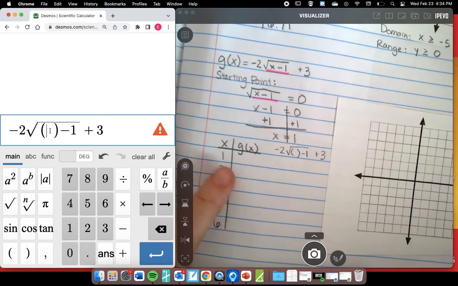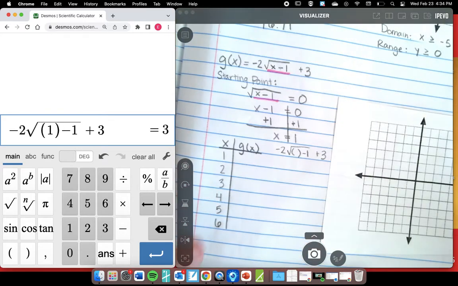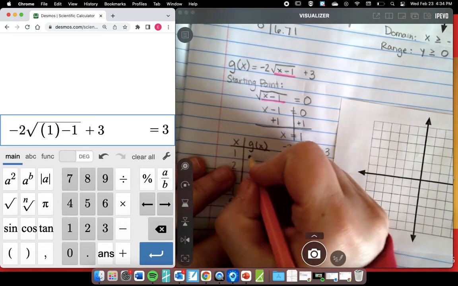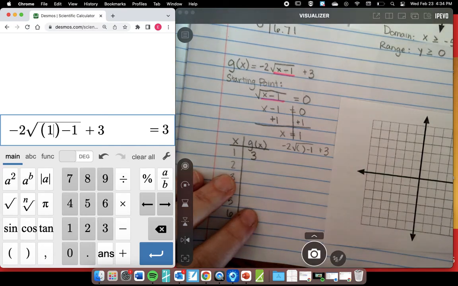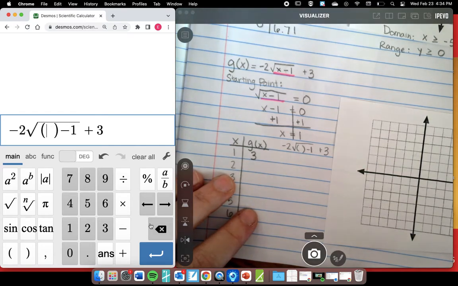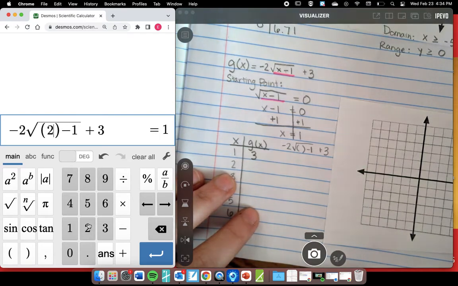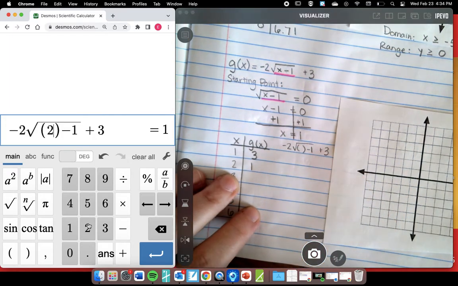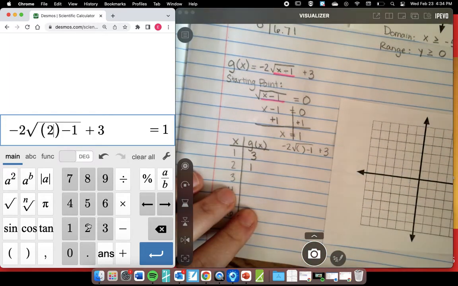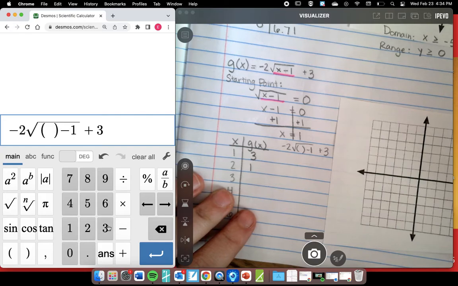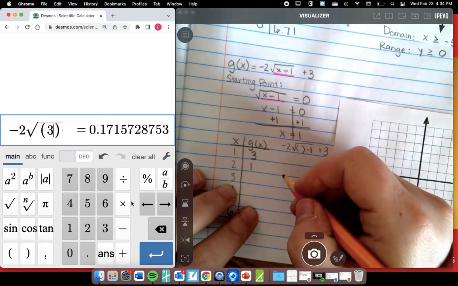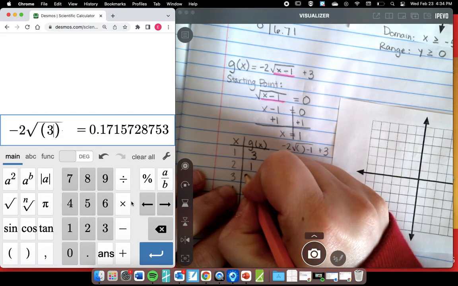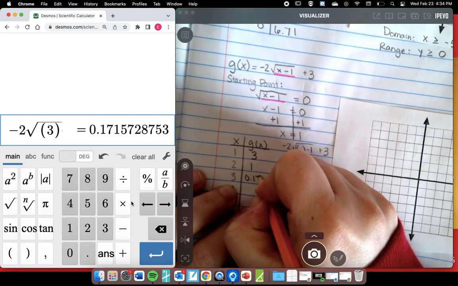Okay, so first number we're going to put in is 1. We put in 1, and we get out 3. Delete the 1. Put in 2. We get out 1. Delete 2. Put in a 3. We get about 0.17, so it's still positive.